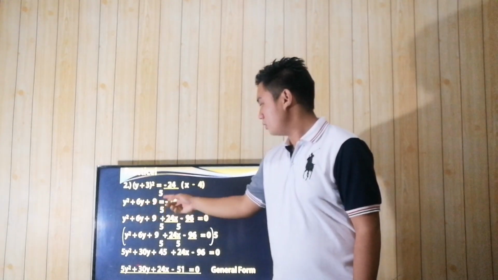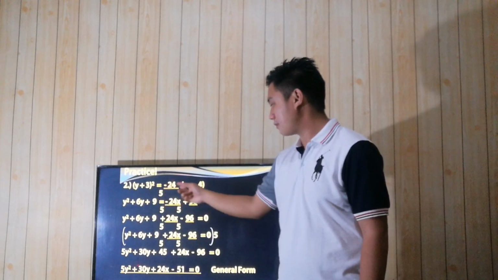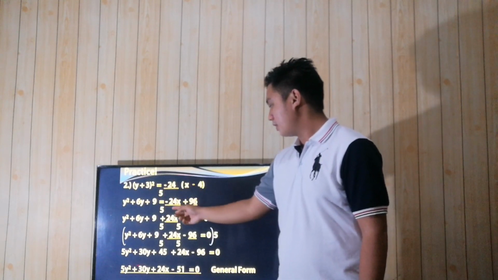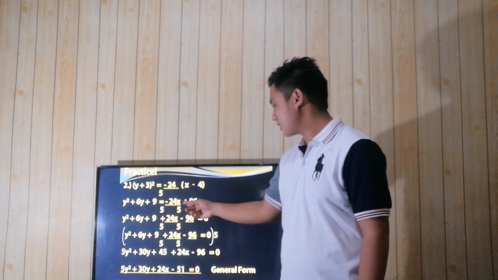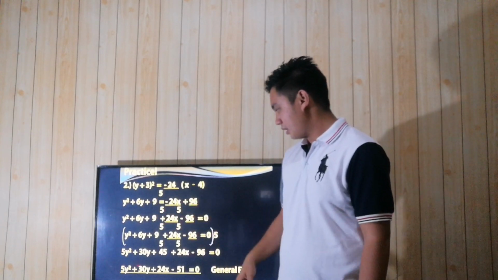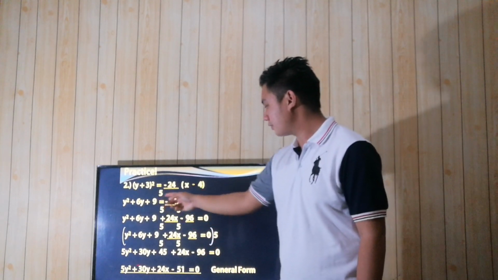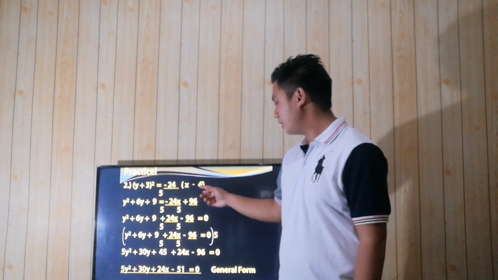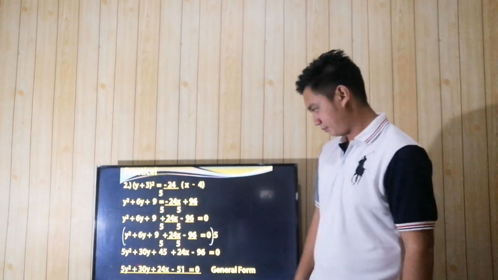Then equals to negative 24 fifth times x, we have negative 24x over 5 plus 96 over 5. Bakit naging 96 over 5? Kasi negative 24 over 5 times negative 4, we have 96 over 5.